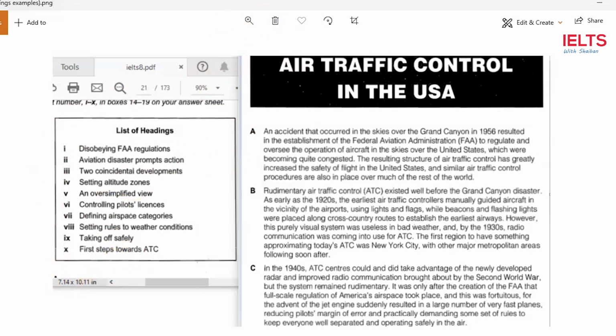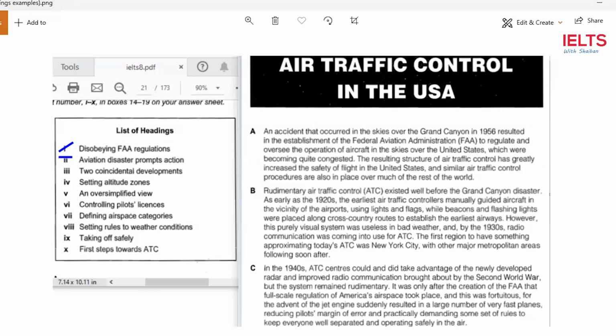I start choosing and collecting the answers by excluding the wrong answers. Disobeying, nothing about disobedient. Aviation, of course, that went for paragraph A. So again, I'm not using this.